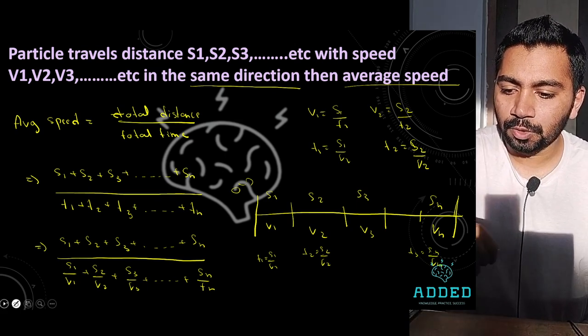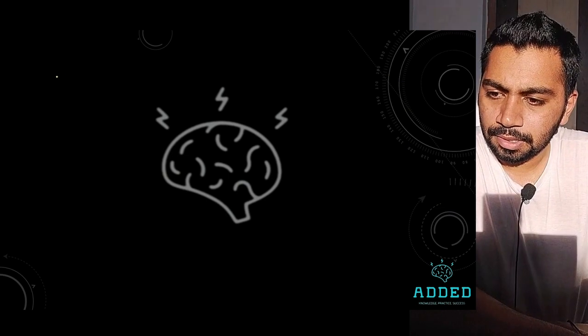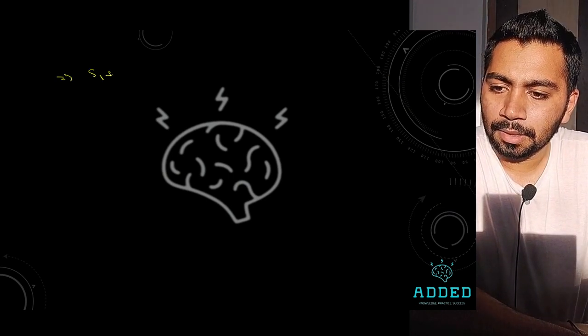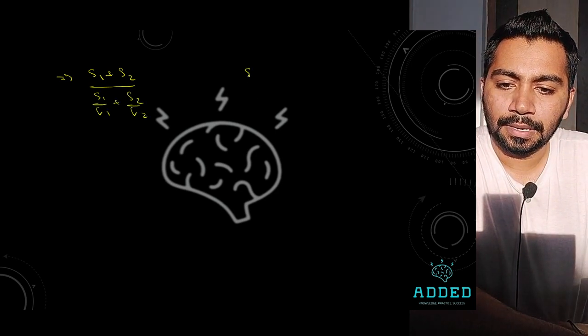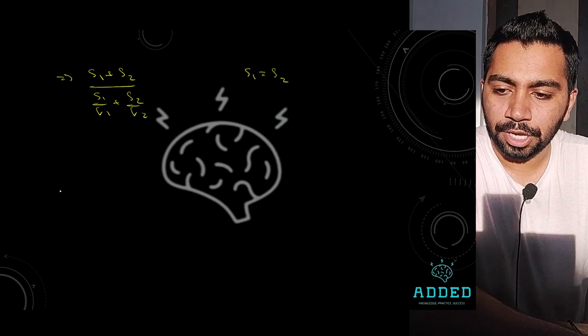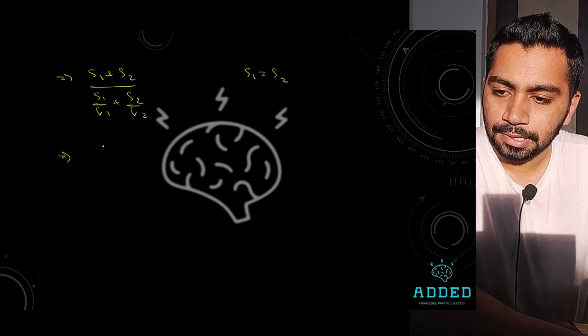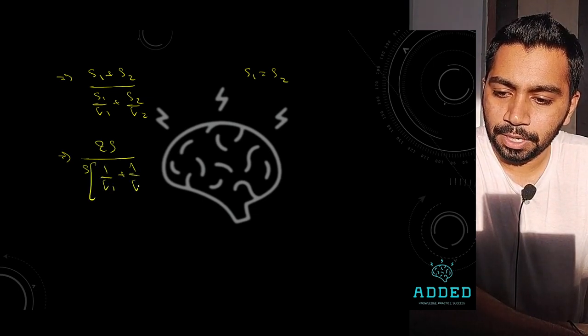Now, if you consider only two cases, with s1 equal to s2, then I can say 2s divided by s times 1 by v1 plus 1 by v2.